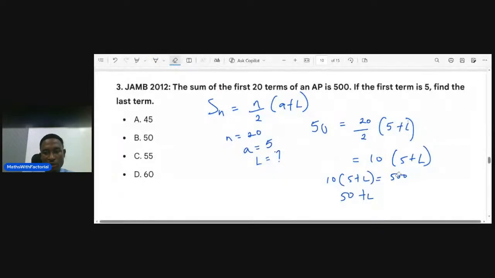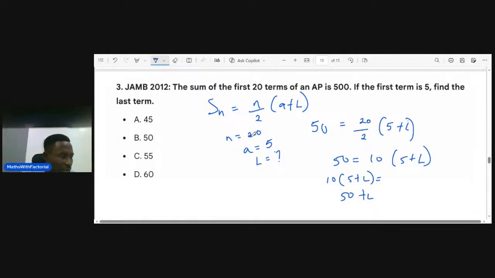So it will now give us 50 equals 10 into bracket 5 plus l. This question is wrong.